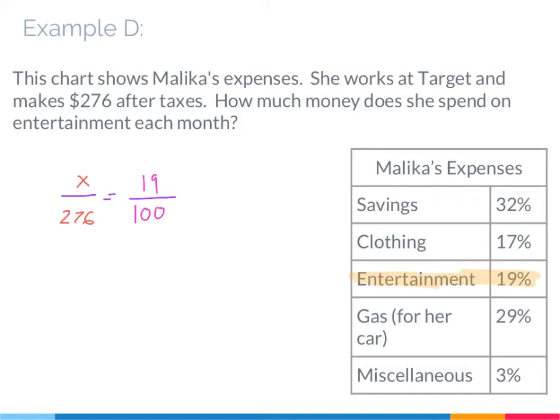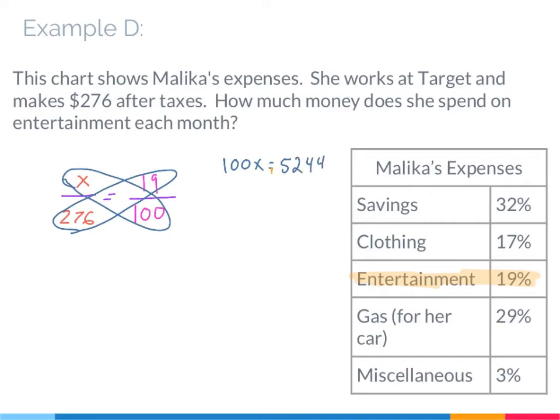So now that I've set up my proportion, I can cross multiply. So I can do 276 times 19 and x times 100. X times 100 is going to be 100x. 19 times 276 is 5,244. So I'm going to write that down as the other side of my equation. Now I've got a one-step equation, so I need to solve that.